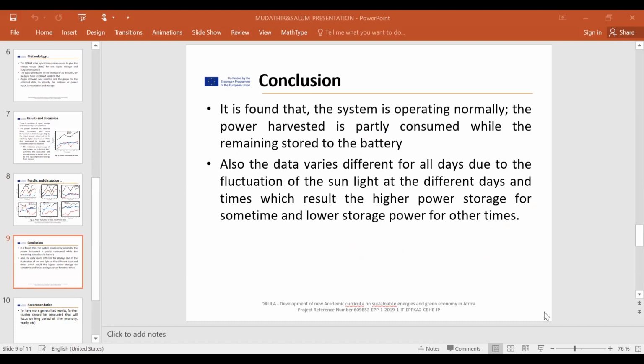The power harvested is partially consumed while the remainder is stored in the battery. There is data variation across these days: some days we get high storage of power, and other days we get low storage of power.